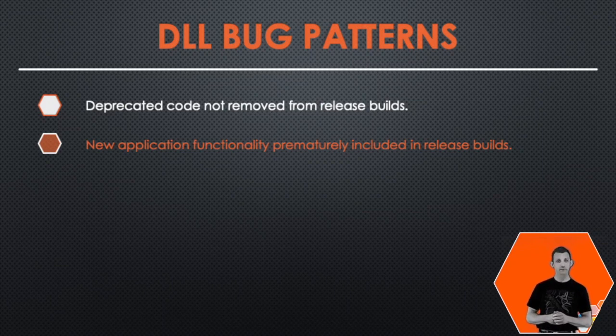Another bug pattern that we'll see is the reverse of that: new application functionality that has been prematurely included in a release build. Expanding on the prior example, let's say now we want to target app number 5, the one that's on its lonesome. It has not yet taken advantage of this new capability, but because we are sticking with one core module for our application and distributing it with all 5 apps, and 4 of those apps do use the new capability, obviously it needs to be in the module.